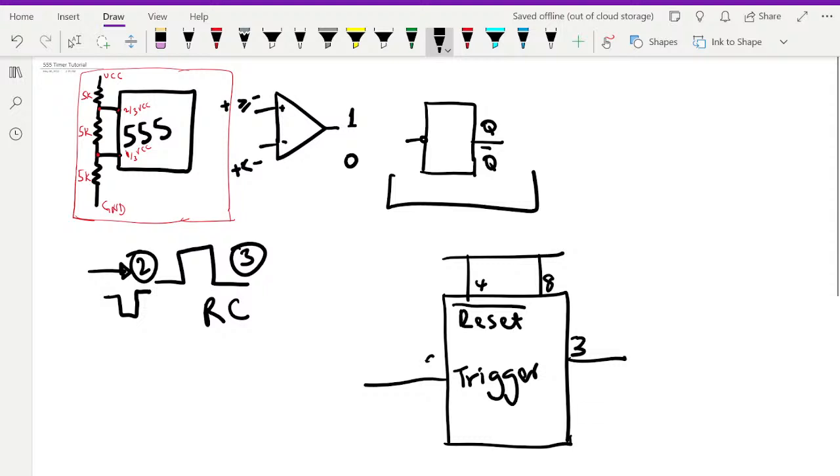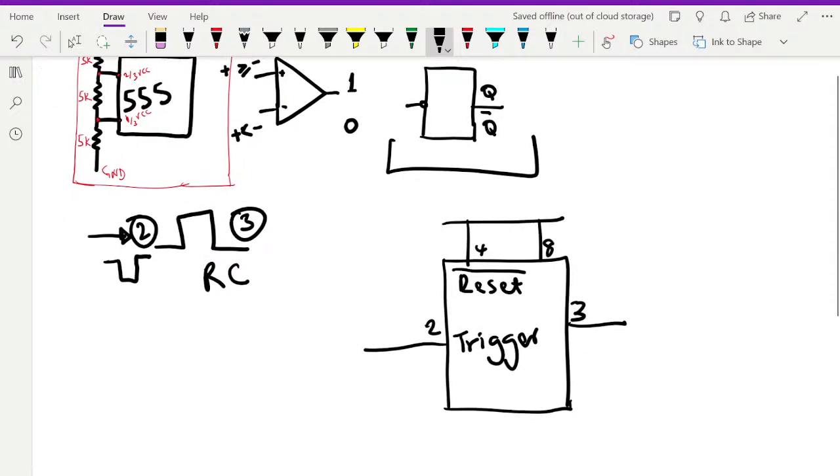Pin number 6 is threshold, 1 is ground, and 5 is control voltage.